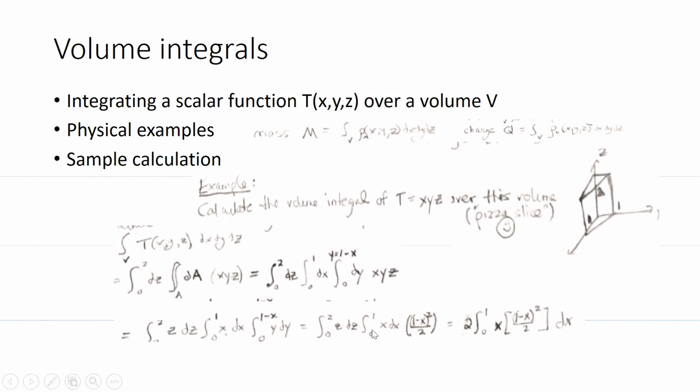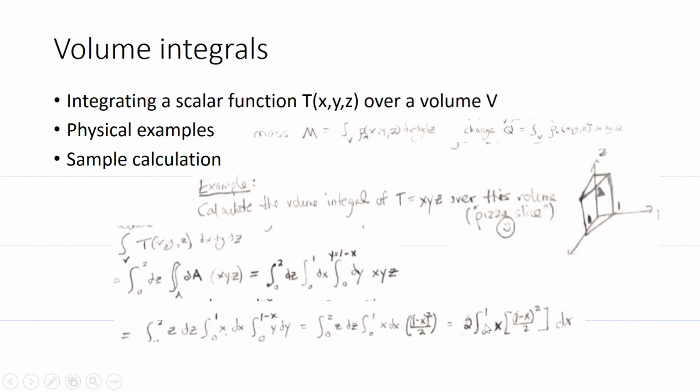The integral from 0 to 2 of z dz is independent of that. It turns out that becomes 2, since this is z squared over 2, which, plugging in 2, is 4 over 2, which is 2.